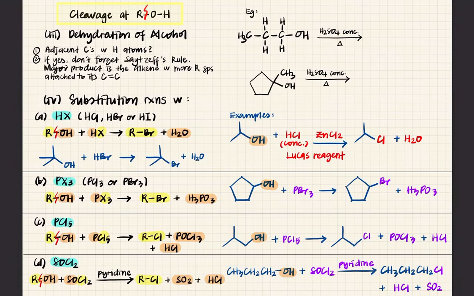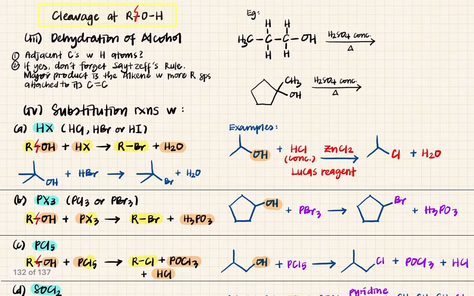Second type of cleavage is cutting the RO bond right here. So ini adalah bila awak eliminate OH. Okay, so in the dehydration of alcohol, maksudnya awak akan buang water kan. So the adjacent carbons, so first what you going to look at is, do you have adjacent carbons with hydrogen atoms?